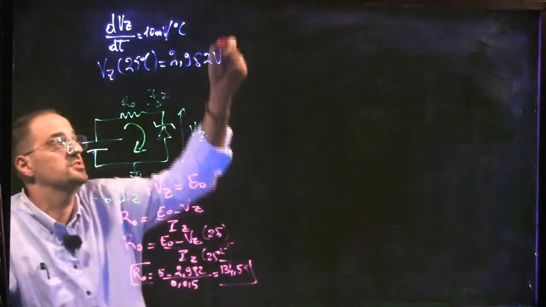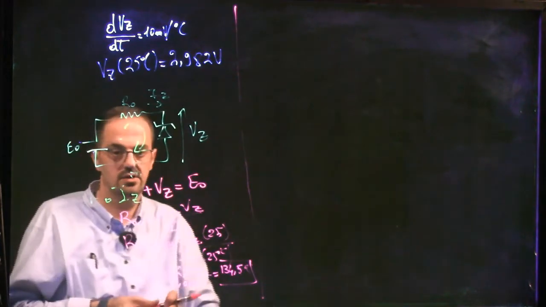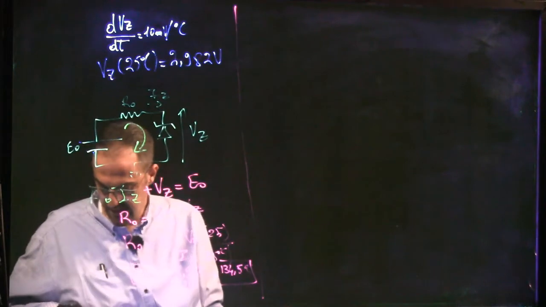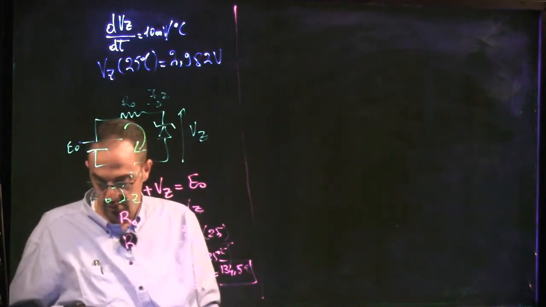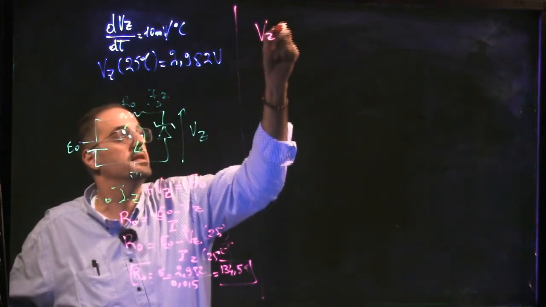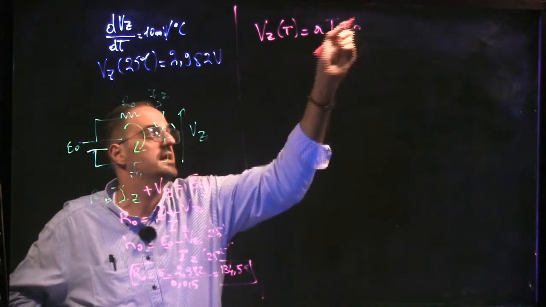So this was the first question, asking you to find R0 for a value of the current at 25 degrees C. They then ask you to find the different parameters of the linear relationship between Vz of T and the temperature itself.